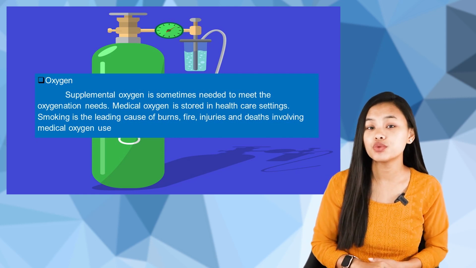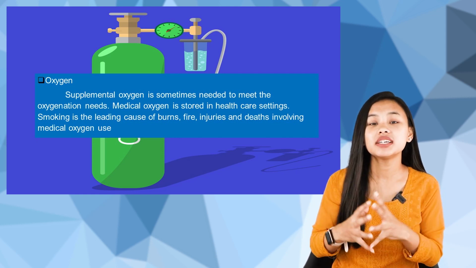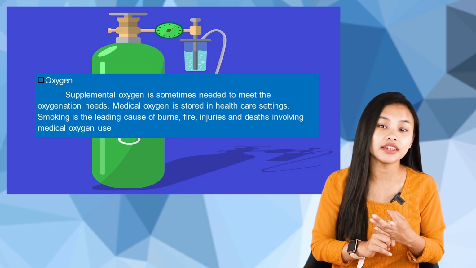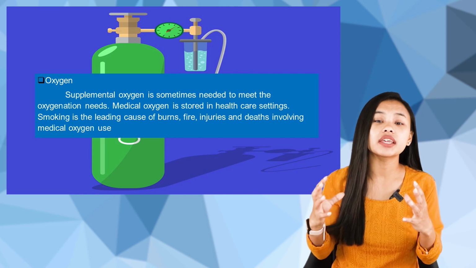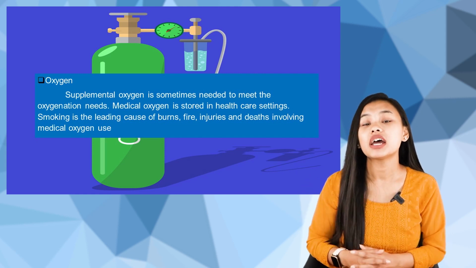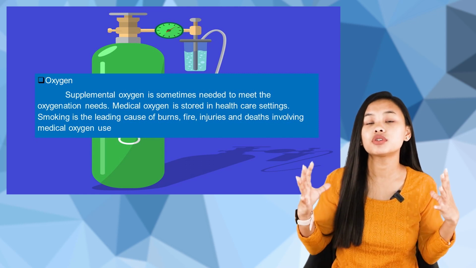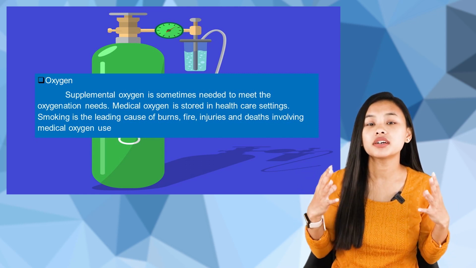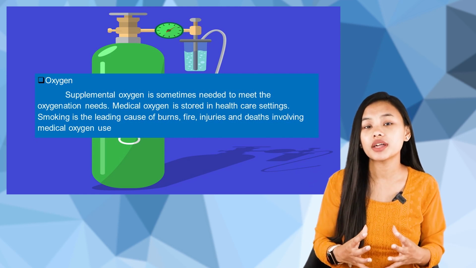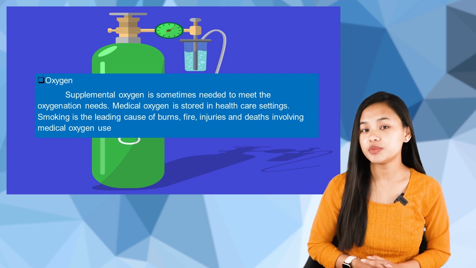And also, smoking is the leading cause of fire, burns, injuries, and even death. Sometimes it can also be caused because of this medical oxygen use. That is why, in order to create a safe and good environment for the client, we must make sure that this is always checked.